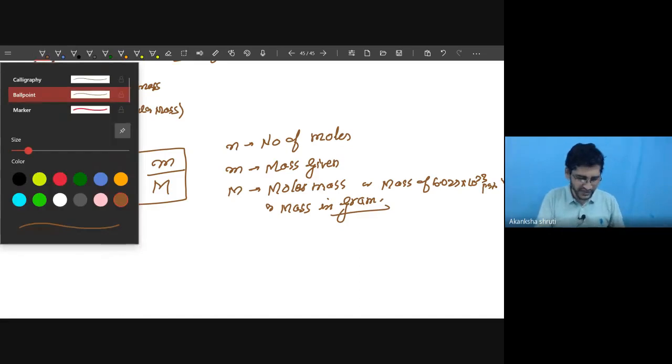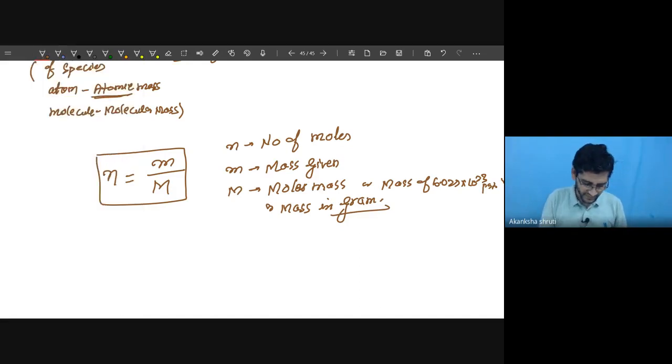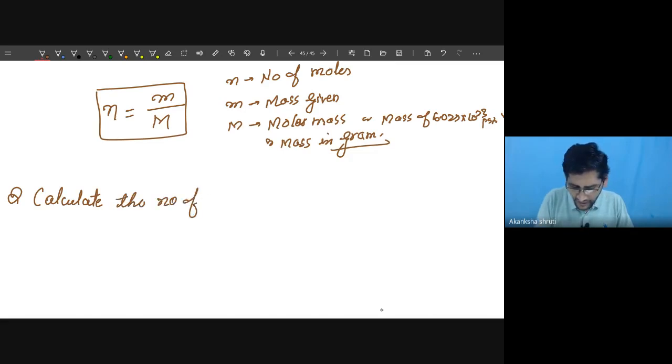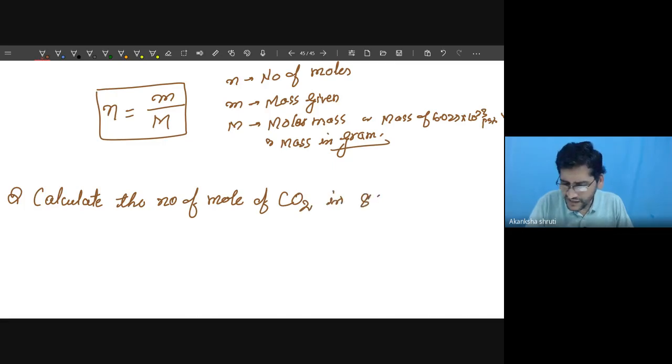So let me take one more example. Student, calculate the number of moles of carbon dioxide, CO2, in 88 gram of carbon dioxide molecule, meaning CO2.